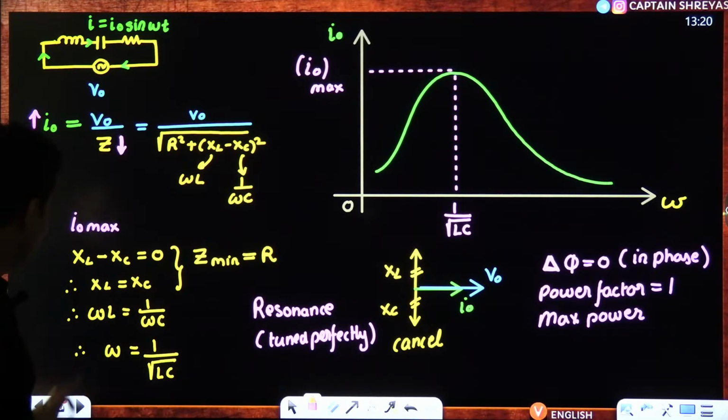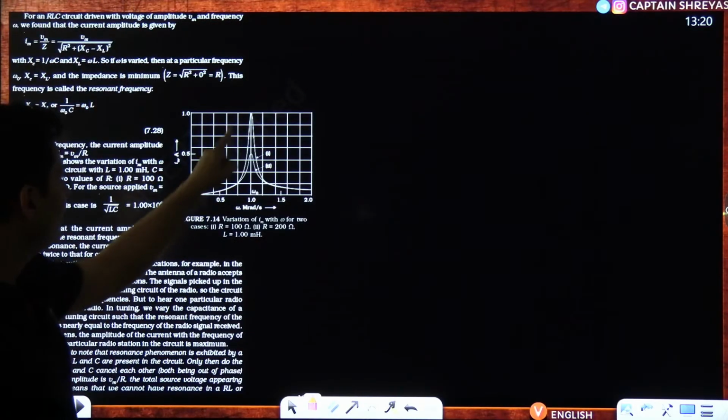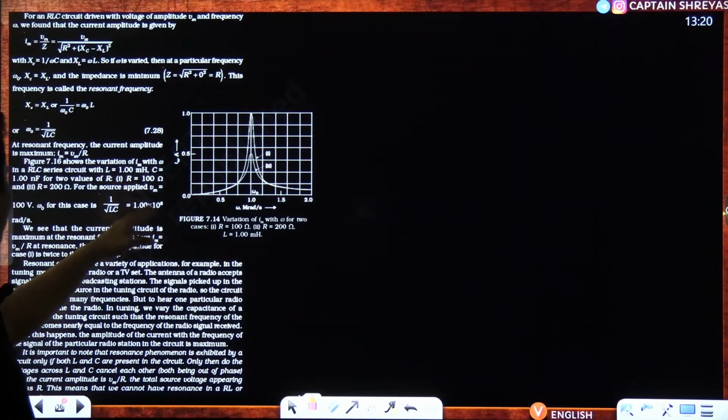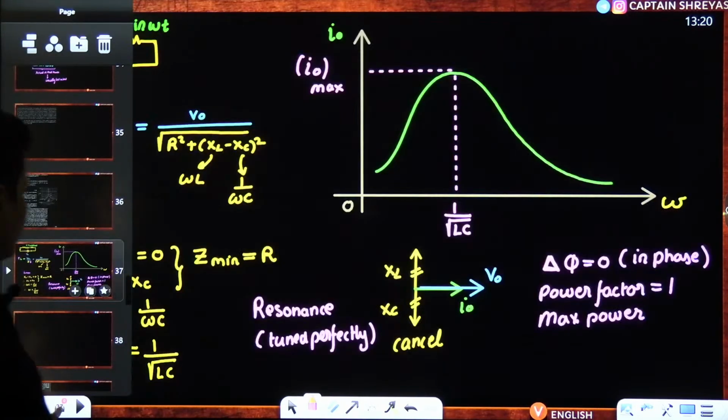Cool. So this is the condition of resonance which has been given over here also. You can see the same graph has been given. 1 by root LC is given, and everything else is as it is.